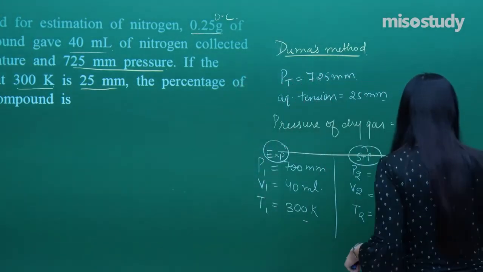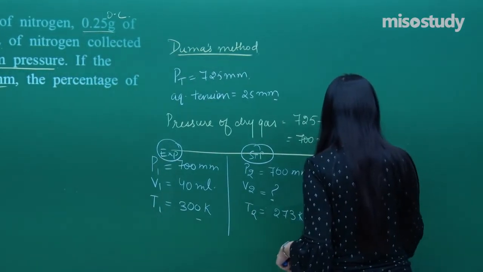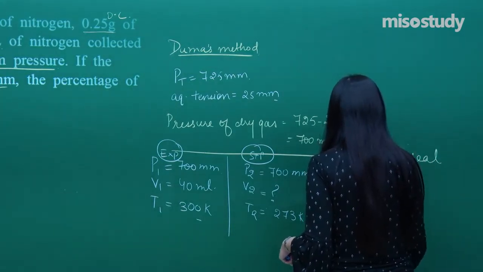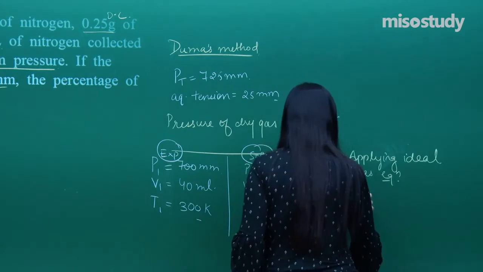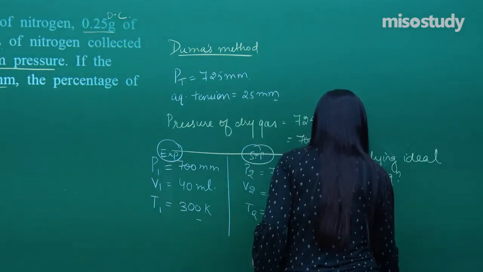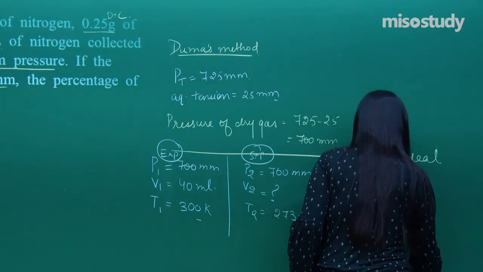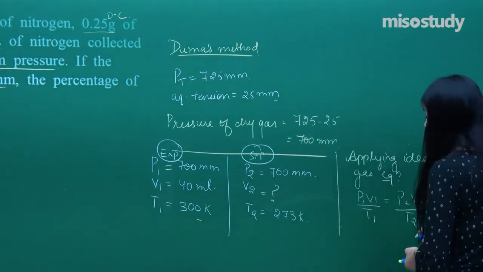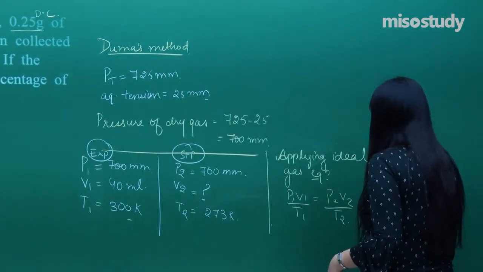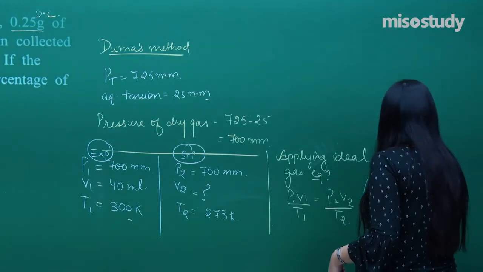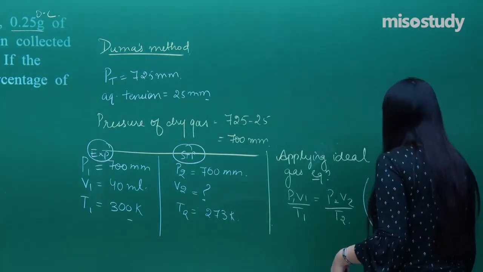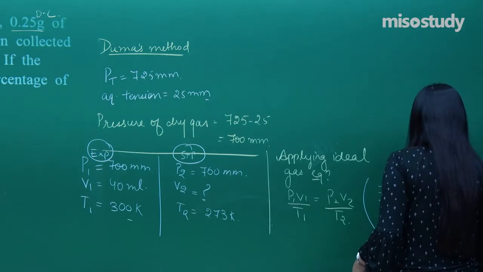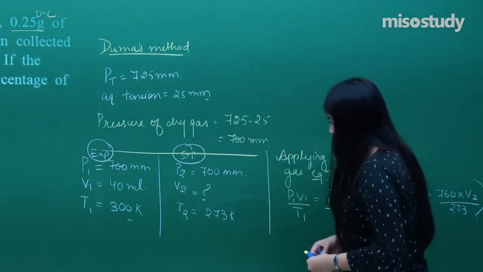So here if I apply the ideal gas equation, what do we get? P1 V1 by T1 equals P2 V2 by T2, right? So what you need to do is just put the values. 700 into 40 divided by 300 equals 760 into V2 divided by 273, right?